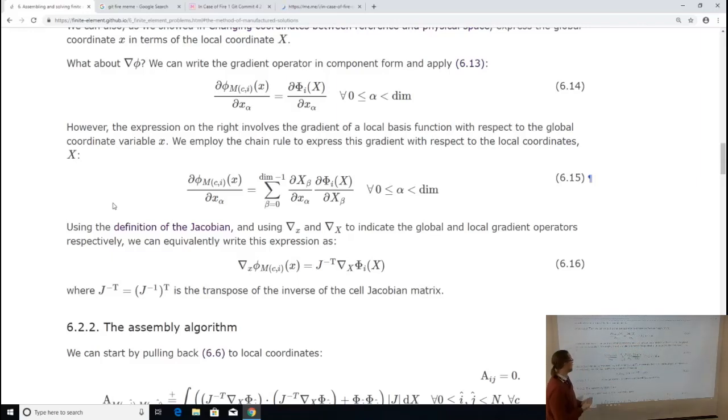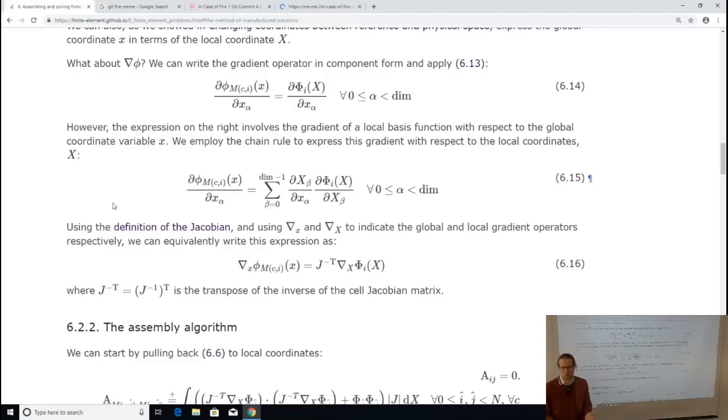And so what I get out of that is that this thing again is equal to the gradient I do know how to do. So this is the gradient of the basis functions with respect to the local coordinates. And if I knew the points I was evaluating this at, so for example, if I'm doing it at quadrature points, then that bit is what tabulate does.